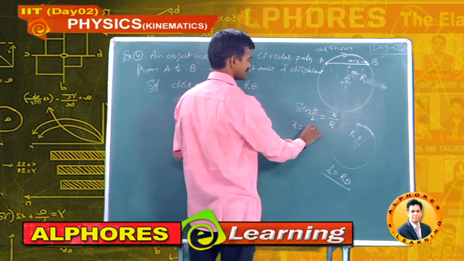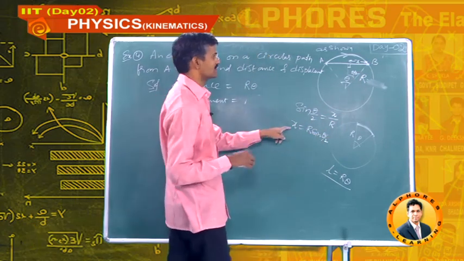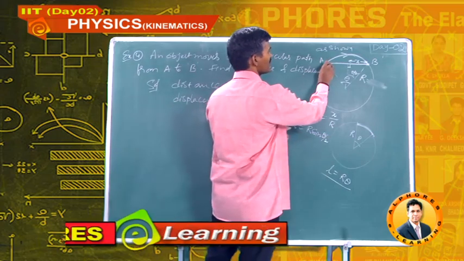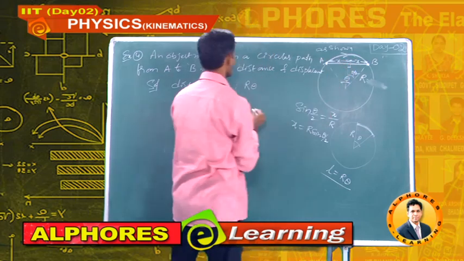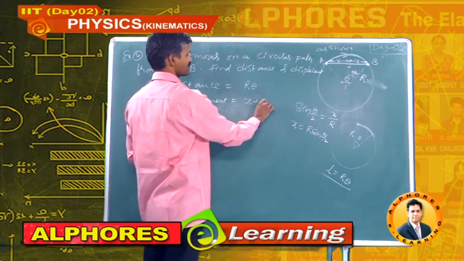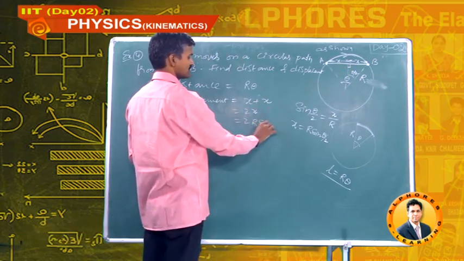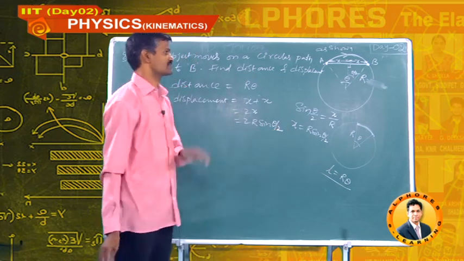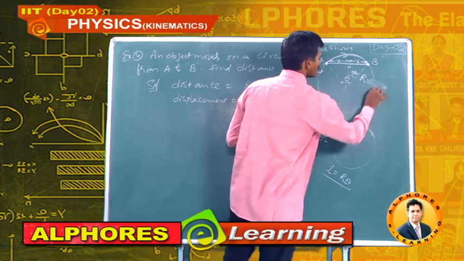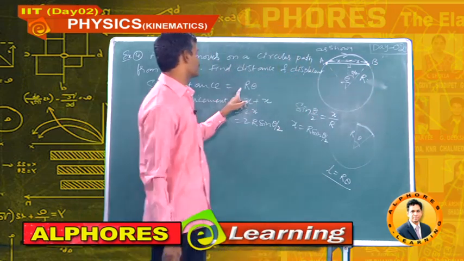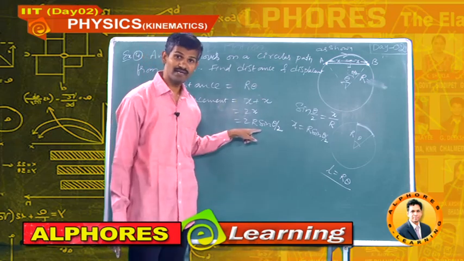So x is r sine theta by 2. If particle starts from A and reaches B, then displacement is x plus x. This is 2x or simply 2r sine theta by 2. This is displacement. Similarly, particle may move like this also. In such case, distance is 2 pi minus theta and displacement remains same.